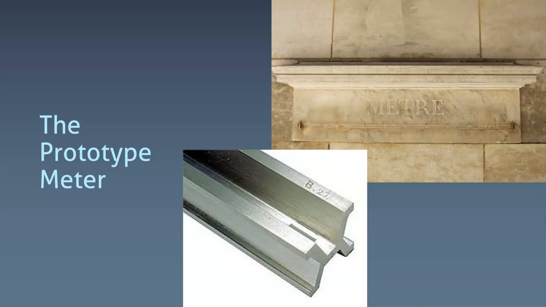That way, if the end of the bar was worn, it wouldn't affect the measurements based on that standard meter. In 1960, the prototype meters became obsolete. The meter was redefined at that point in terms of the wavelength of one specific radiation coming from one specific type of krypton atoms.